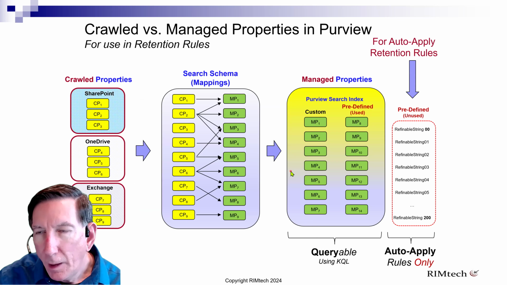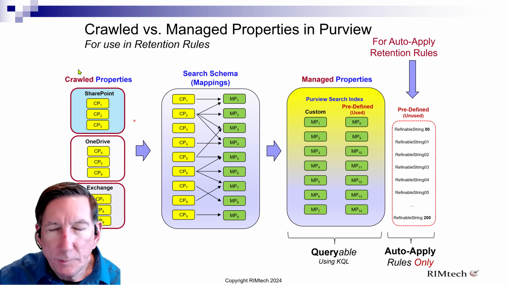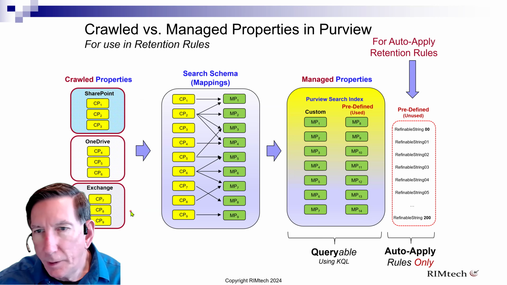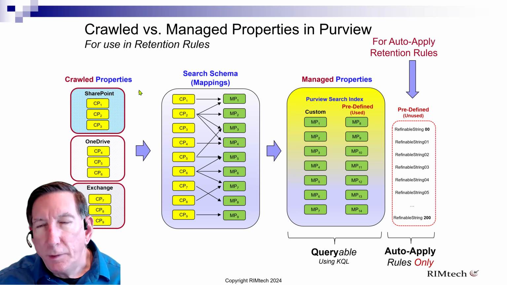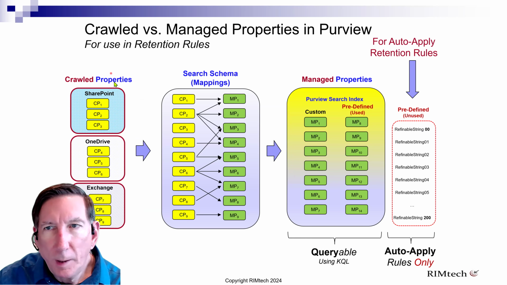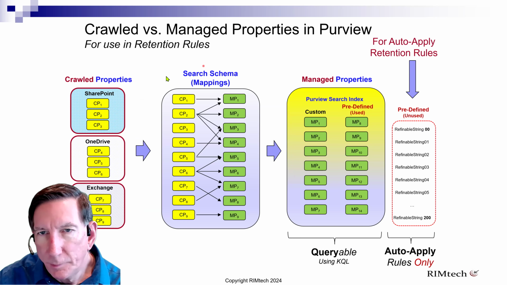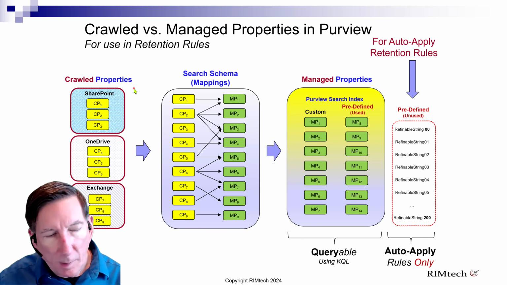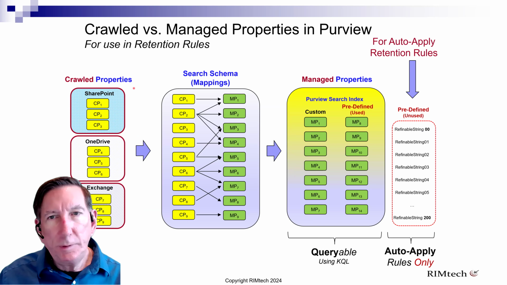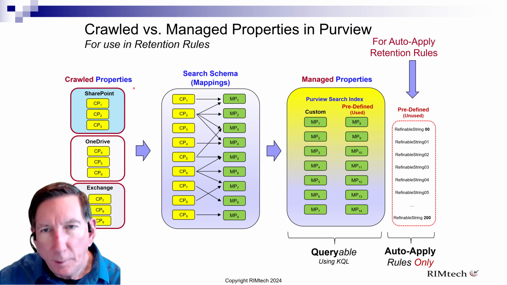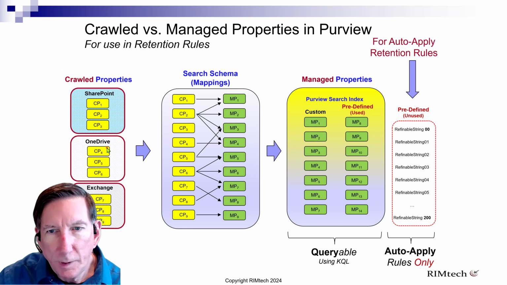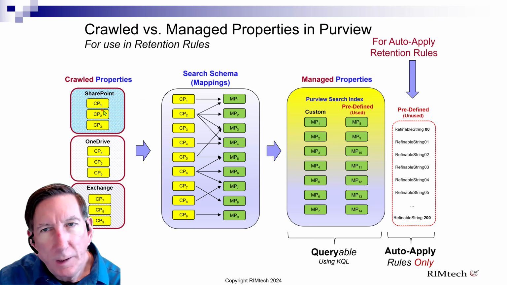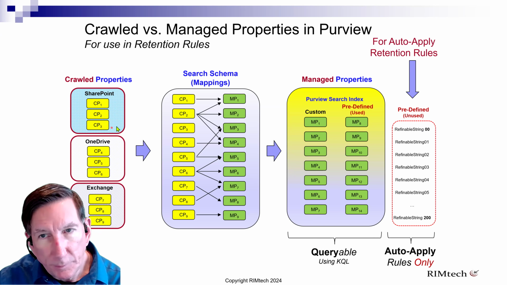Now, this is my version of the diagram. I created this diagram to help me understand it. You need to understand the difference between crawled properties and managed properties. Crawled properties are properties that are visible to the user in the Microsoft product. Here we have 3 products, SharePoint, OneDrive, and Exchange. Each has native properties. What is a property?